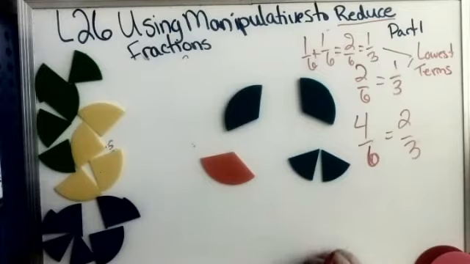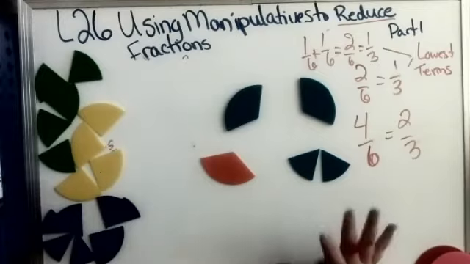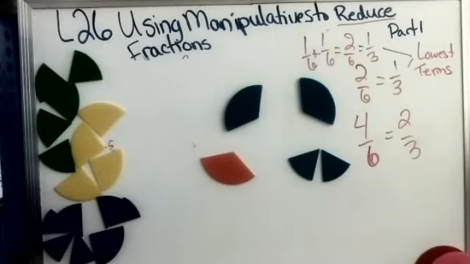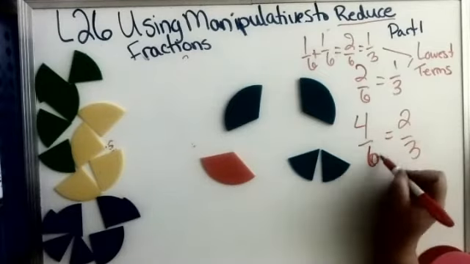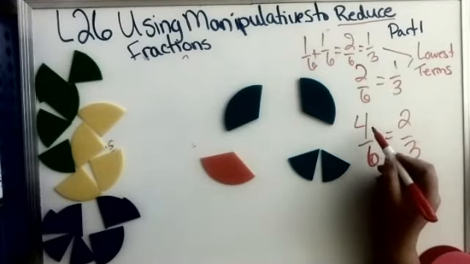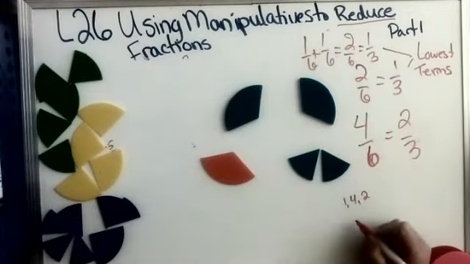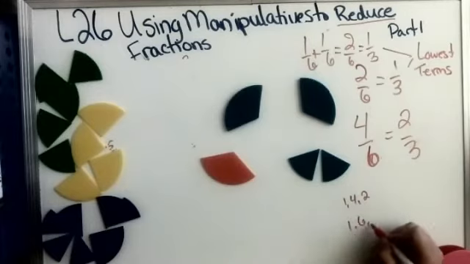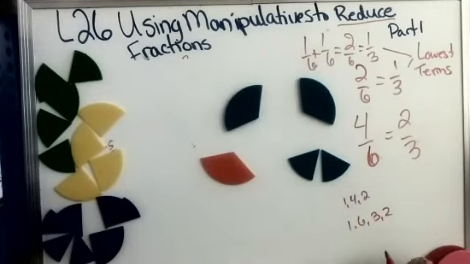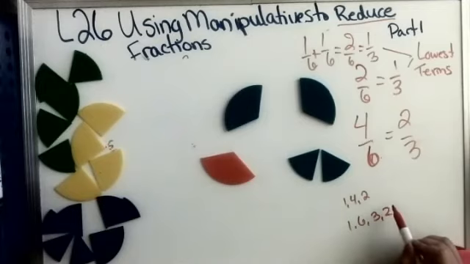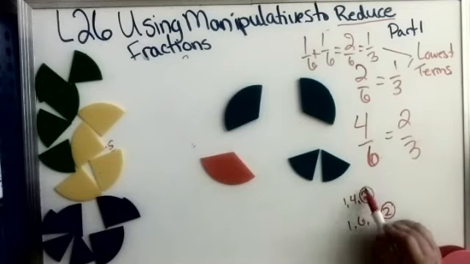So how that works when you're turning something to lowest terms and you don't have manipulatives is you divide by the greatest common factor. If you remember back in lesson 20, we talked about greatest common factor. If you need a refresher, go back and watch it. You would look at these two numbers and try to find the greatest common factor. So for example, the factors of 4 are 1, 4, and 2, and the factors of 6 are 1, 6, 3, and 2, which means my greatest common factor is 2.